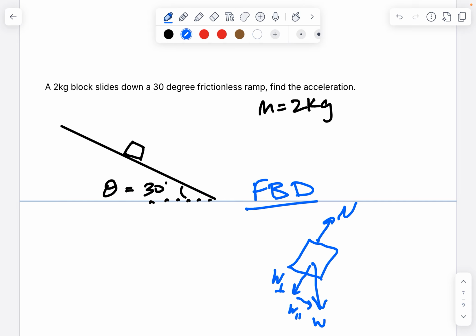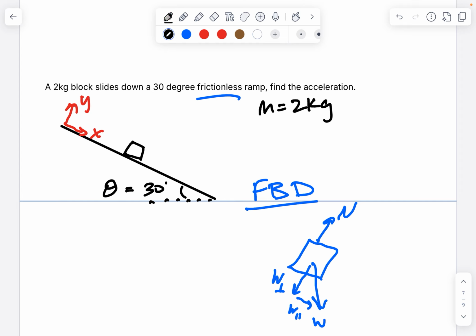And that's it. It's a frictionless surface, so there's no friction force here. That's our free body diagram. I'm going to draw the coordinate system like this: x is in the direction along the ramp, y is perpendicular to the ramp, just to make it easier.